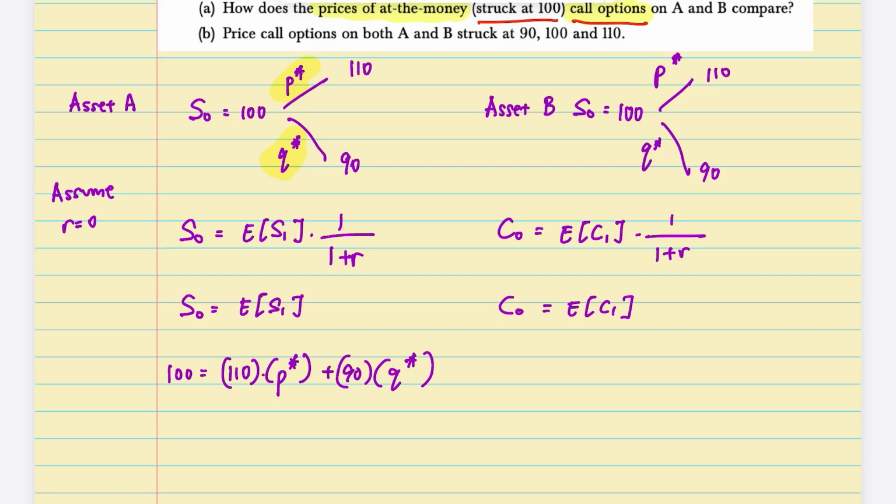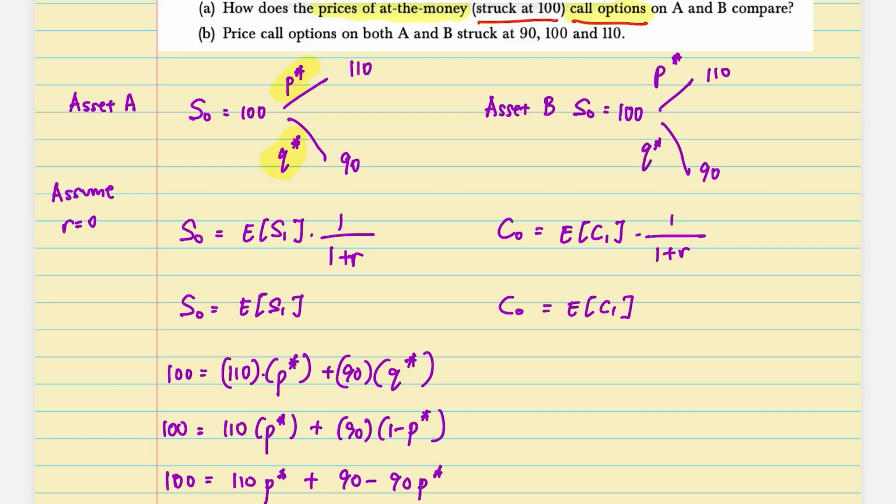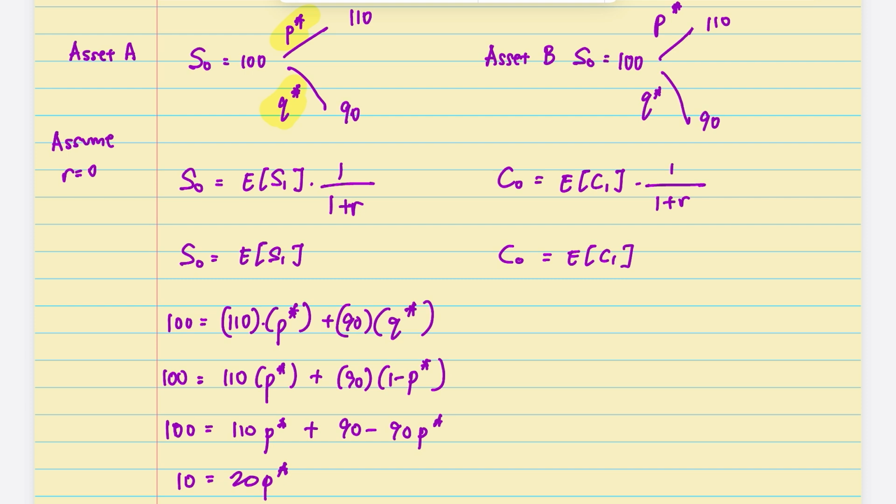We know that the probabilities of P and Q sum to 1, so in other words, Q star equals 1 minus P star. So we just solve this equation. We get P star equals half, then Q star, which is 1 minus P star, also equals half.